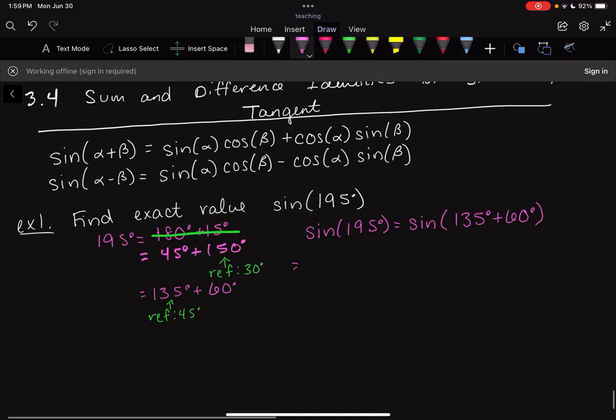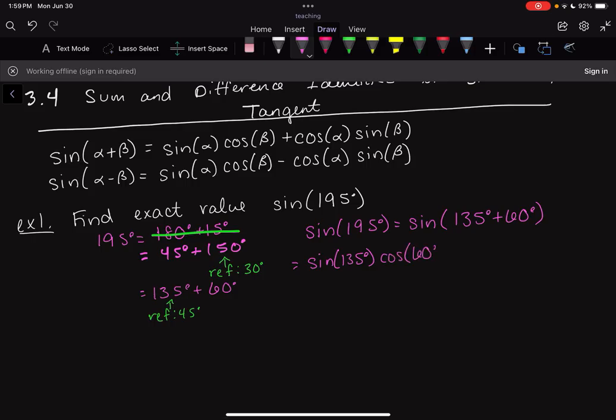Then I'm going to write it out with the other half of the identity. So I get sine 135 times cosine of 60 plus cosine 135 times sine of 60. So this is like my alpha, my beta.